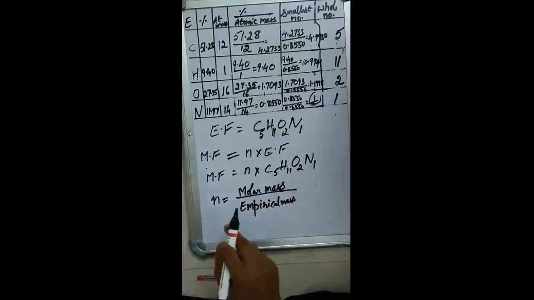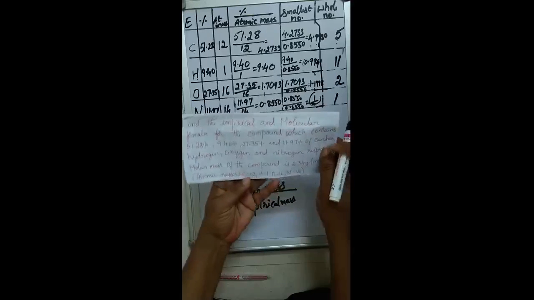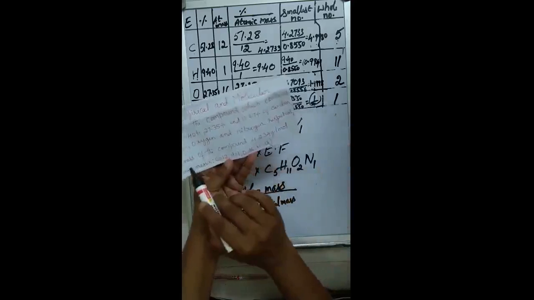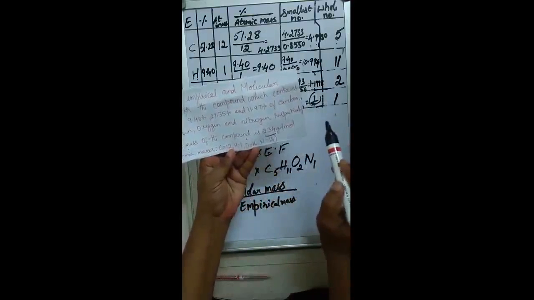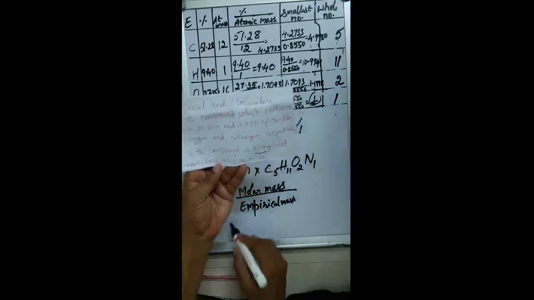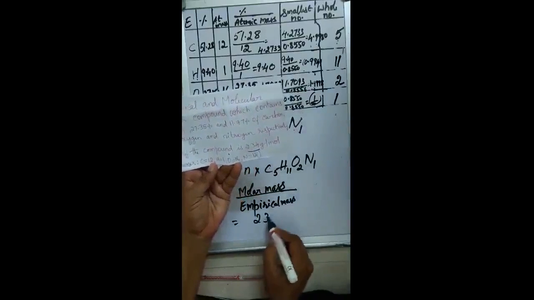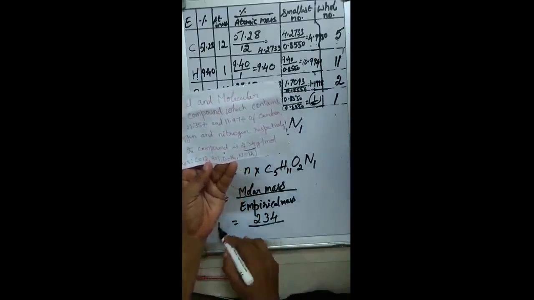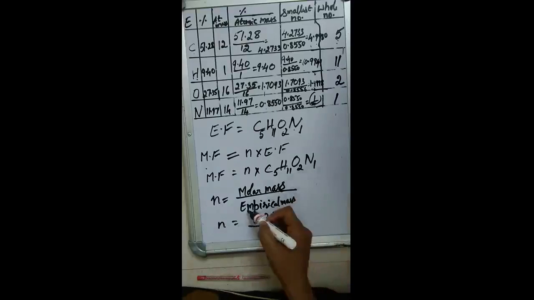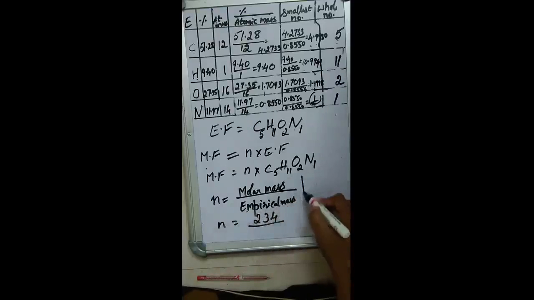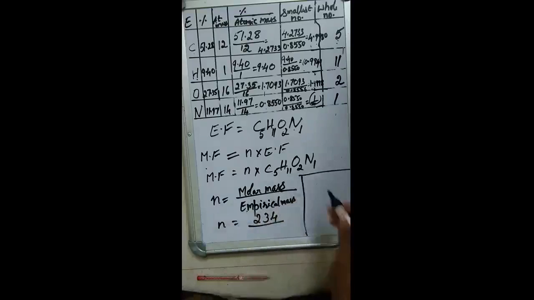Now molar mass is already given in the question. Molar mass of the compound is 234 gram per mole, so in the place of molar mass I will substitute 234. Next, empirical mass is required. How to calculate it? The empirical formula is C5H11O2N1.